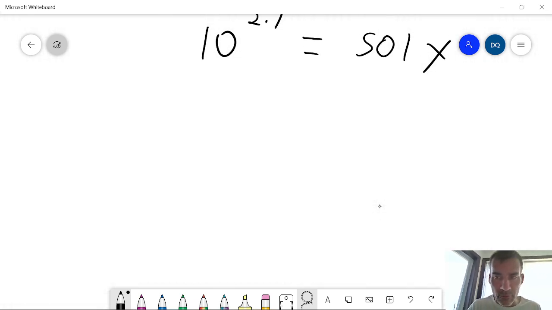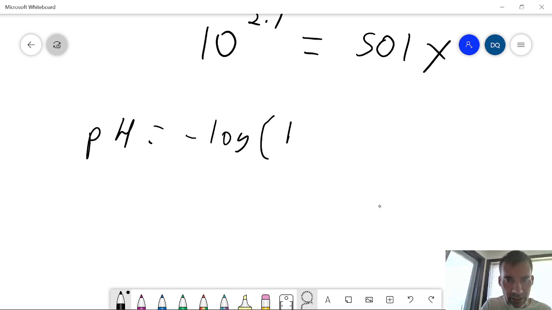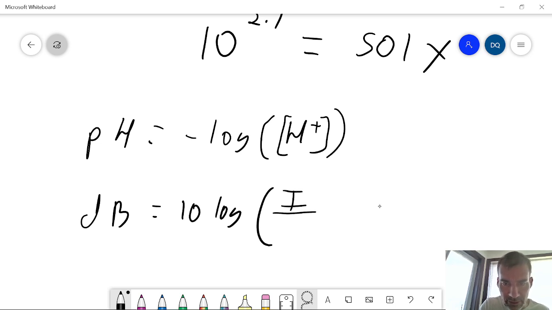Let me just write out the formulas for each of these. So you've got the pH scale. The pH scale is the negative log of the hydrogen ion concentration. The decibel scale, we throw a 10 in there so that our scale goes 0 to 100 instead of 0 to 10, times the log of the intensity of the sound you're considering divided by the threshold intensity of human hearing.